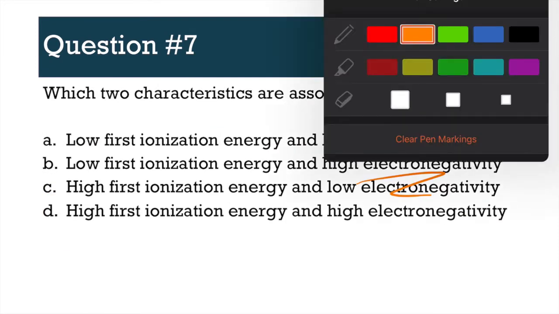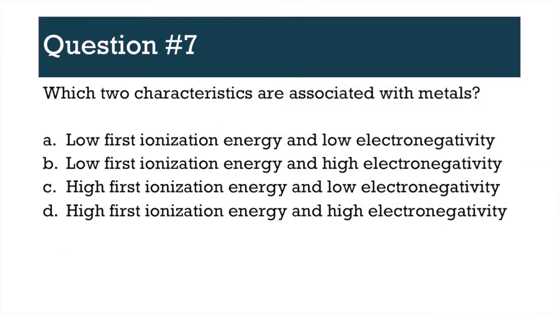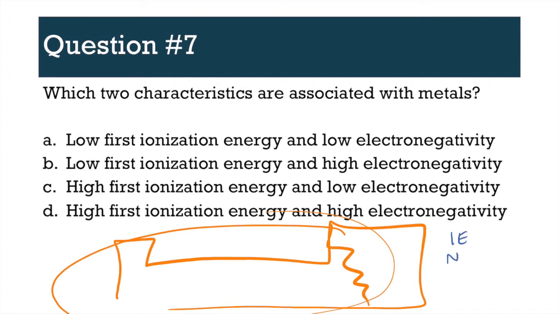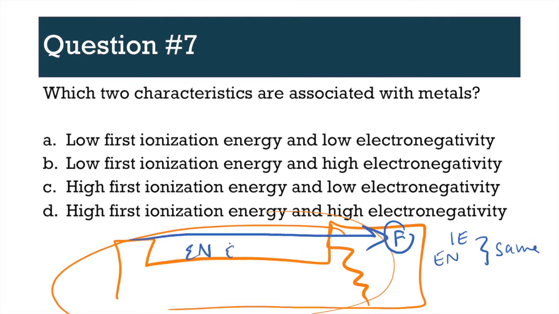Number 7 says what 2 characteristics are associated with metals. So remember, your metals, here's your staircase, are everything over there. It's talking about ionization energy and electronegativity, and they do the same thing. If we know that fluorine is the most electronegative, the closer we get there, electronegativity and ionization energy increase.